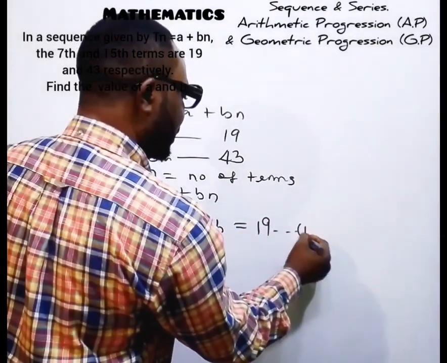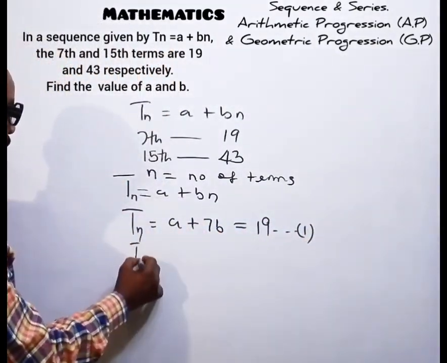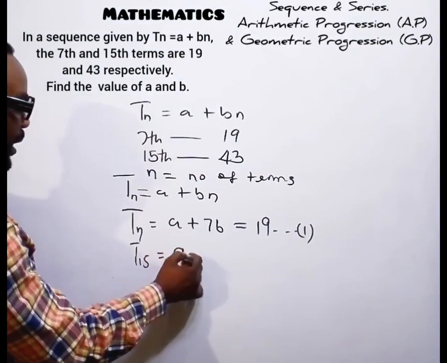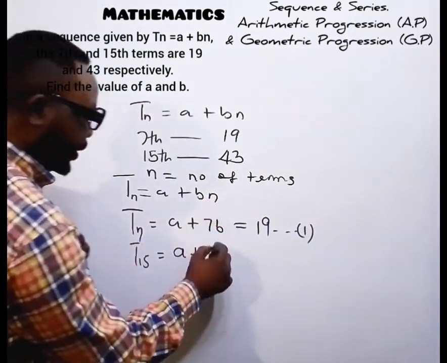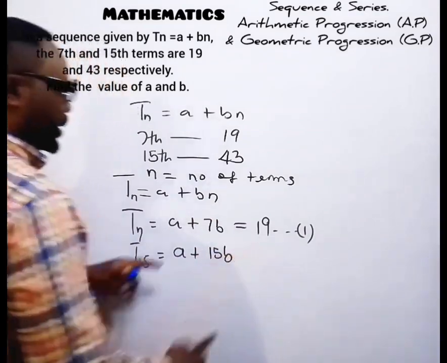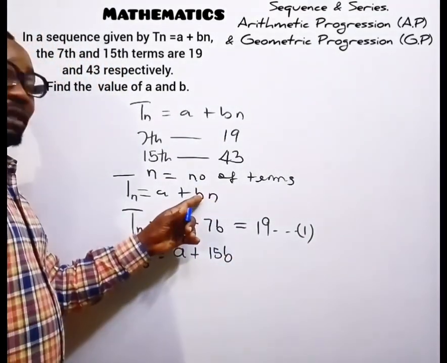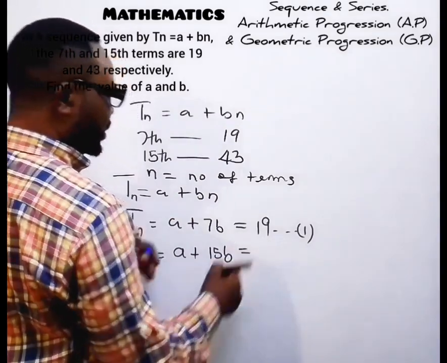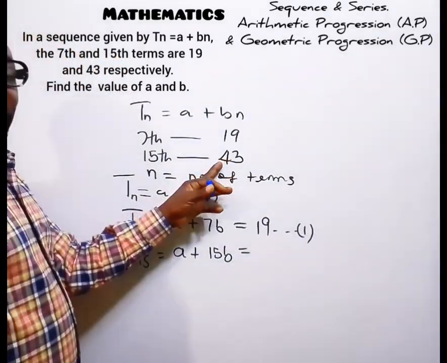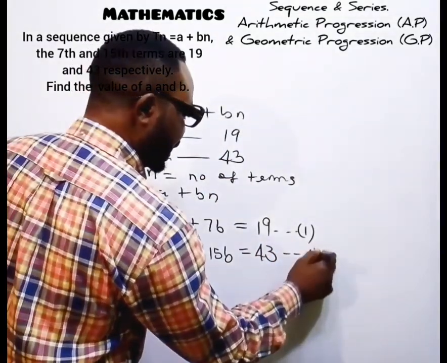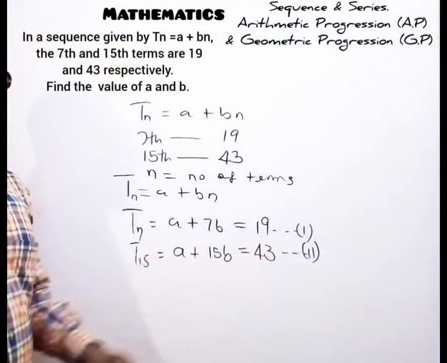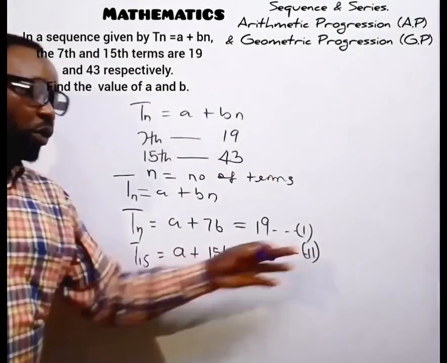We call this equation 1. For T15, a plus 15b, that is 15 times b, is equal to 43, the value given as the 15th term. We take this as our second equation.